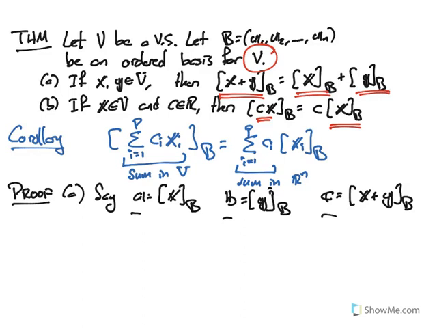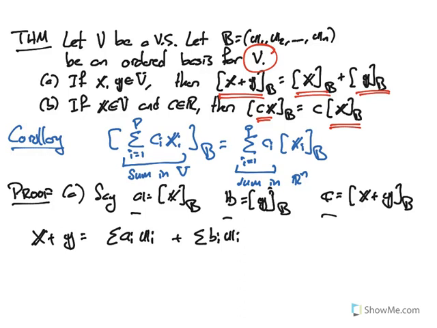So we need to prove that C is equal to A plus B. But now x plus y is equal to sum Ai ui, and then sum Bi ui.